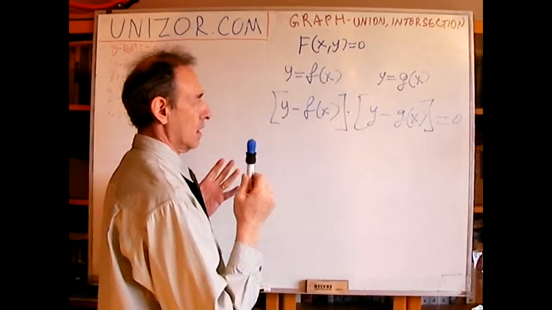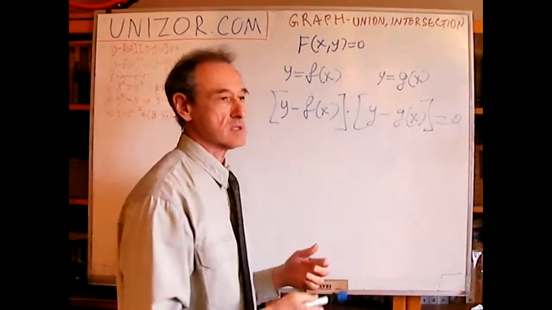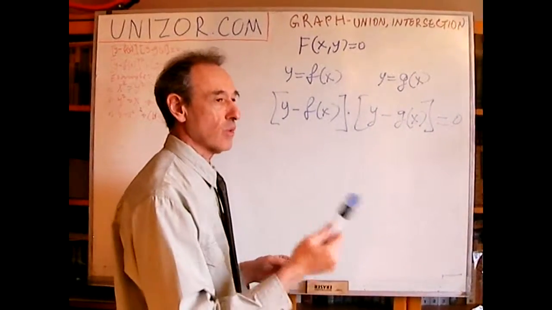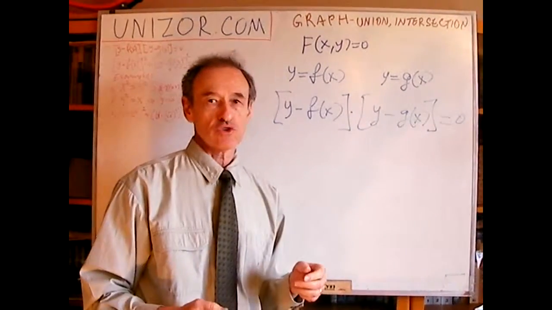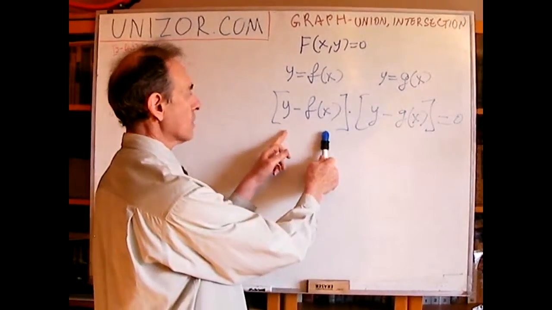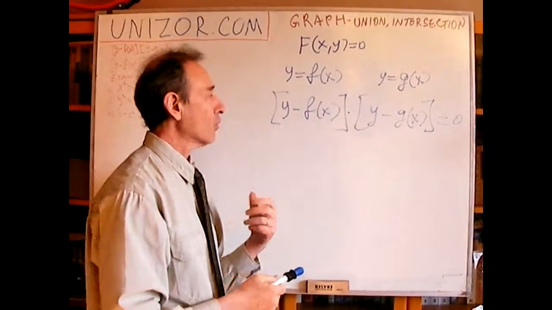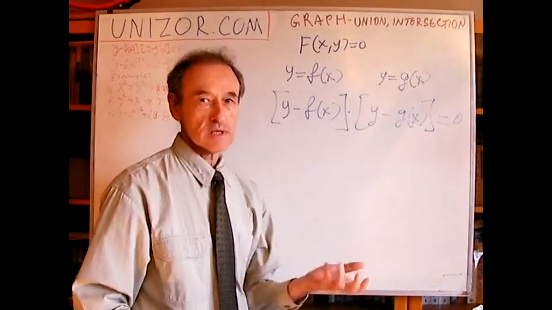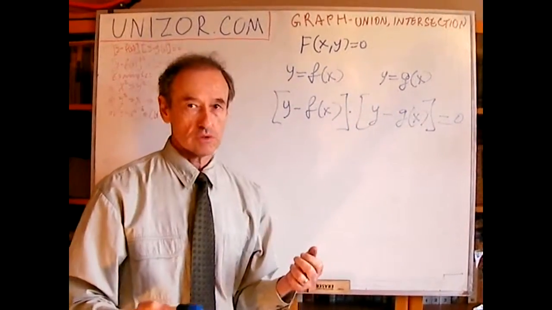When is this true? Under what circumstances does a point with coordinates x and y belong to the graph of this equation? Either those points which nullify this part, or the points which nullify that part, which means points which satisfy this equation or that equation.